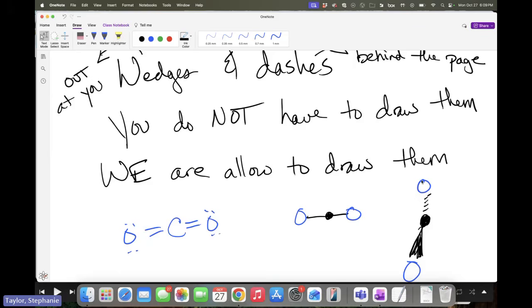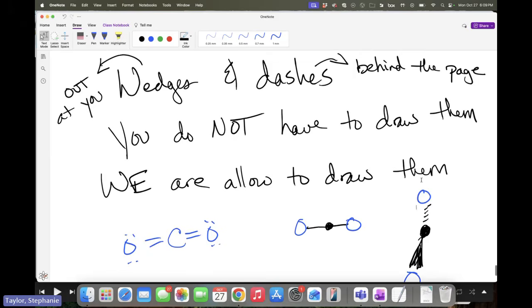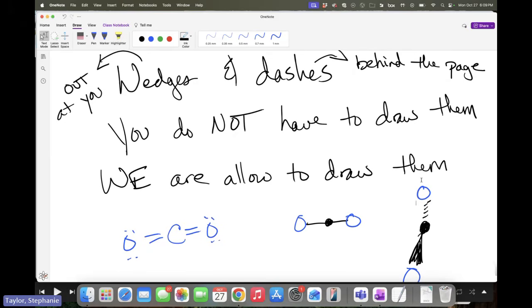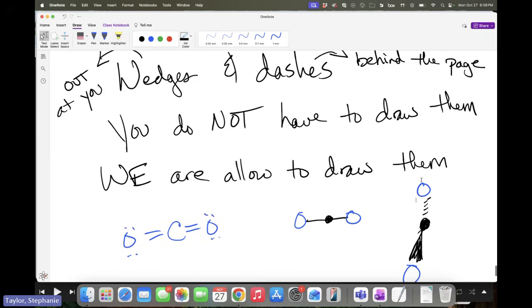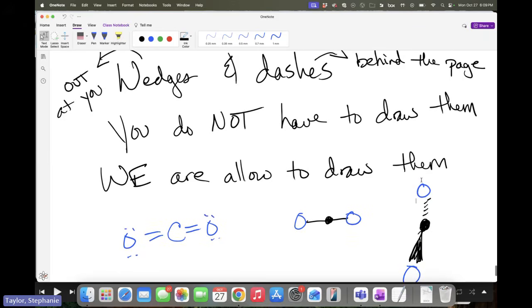So we are allowed to draw those. They are things that we expect all of the instructors to have shown you at some point. If all of the instructors have shown them to you, they're fair game to put on the exam.